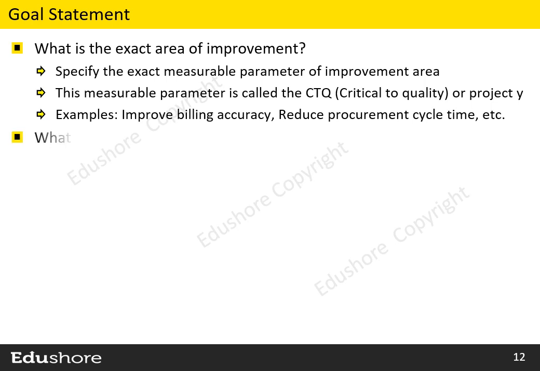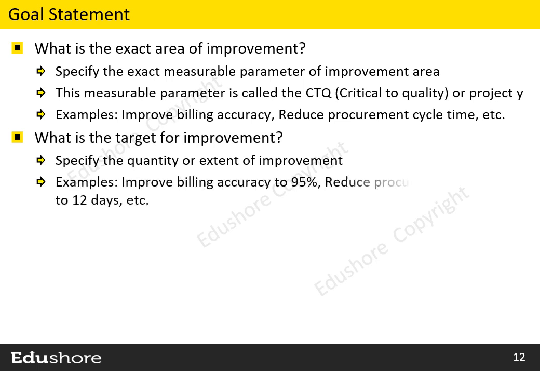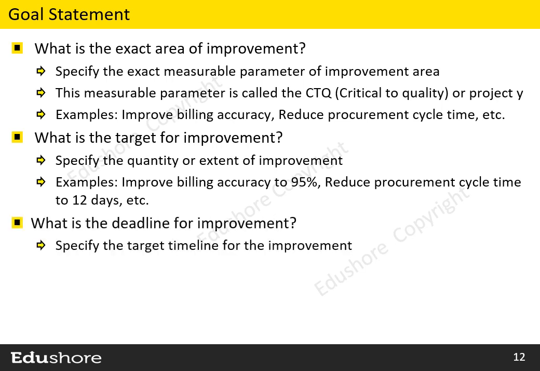The goal statement should specify the quantity or extent of improvement, in other words, the target for improvement. For example, improve billing accuracy to 95%, reduce procurement cycle time to 12 days, and so on. The goal statement should mention the target timeline for the improvement.